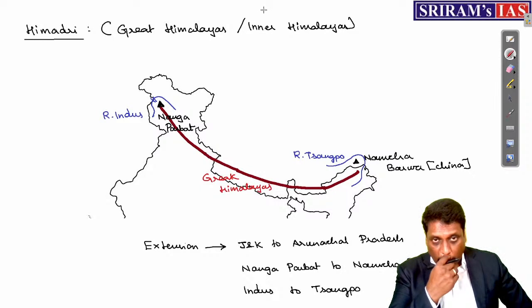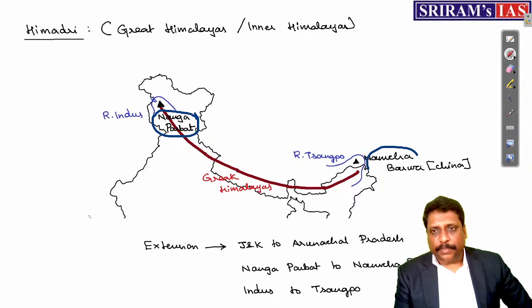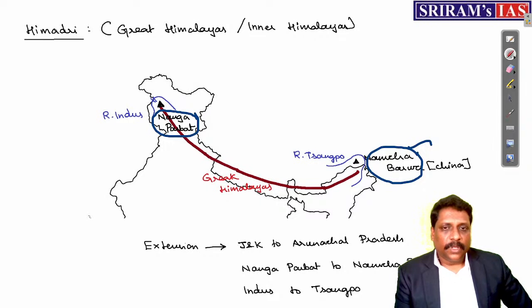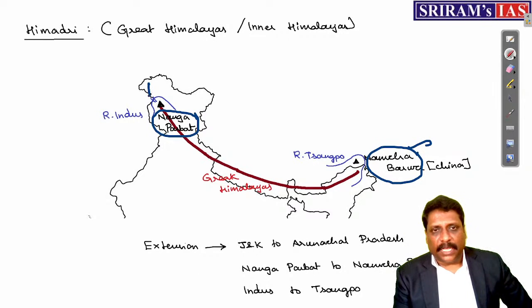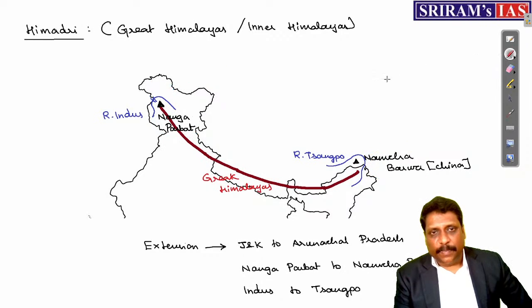So, where exactly this mountain extends, if you ask me? This mountain extends from Nanga Parbat as a peak to Namcha Barwa as a peak. One way of saying so. Or I can say it extends from Ladakh, Jammu and Kashmir to Arunachal Pradesh. Or I can say one side it is bounded by this river Indus, taking a kind of a U-turn, syntaxial bend.